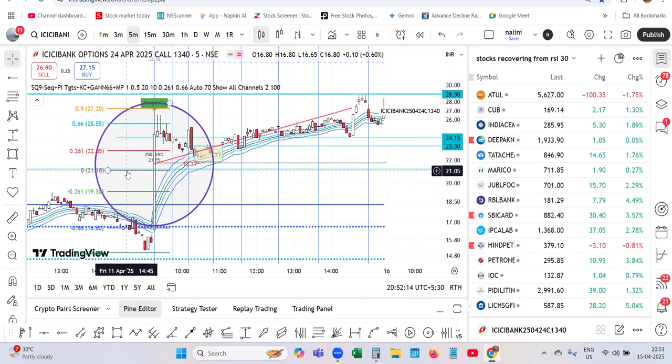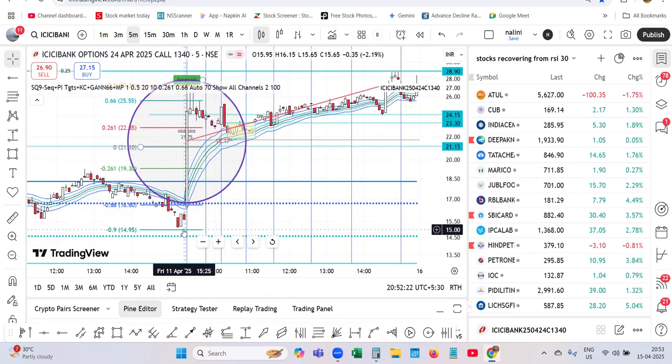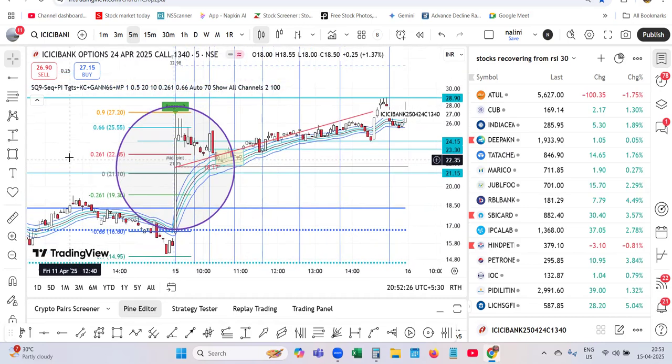22.35 and 21.10 is your circle diameter. Here I have taken it from the swing low, because for the option premium they will be decaying, and sometimes they decay much.